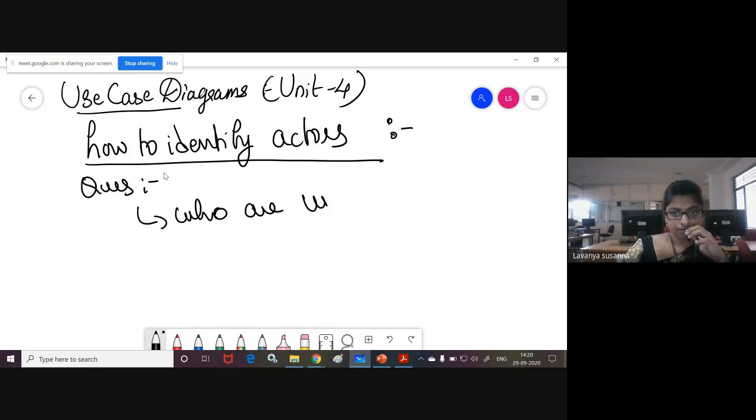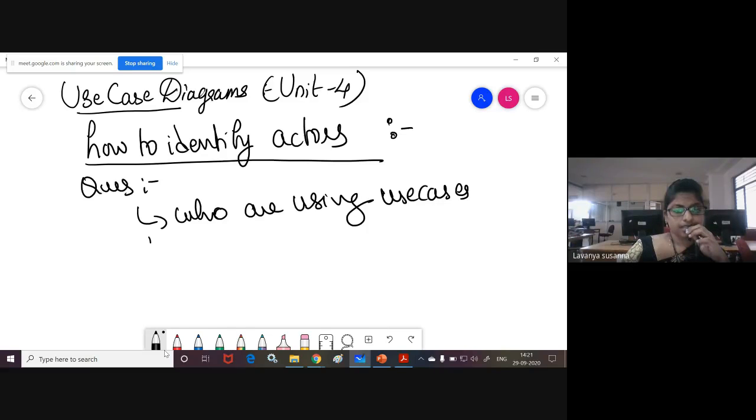Who are using use cases, or who uses use cases, whatever it may be? Use cases are nothing but functionalities, right?